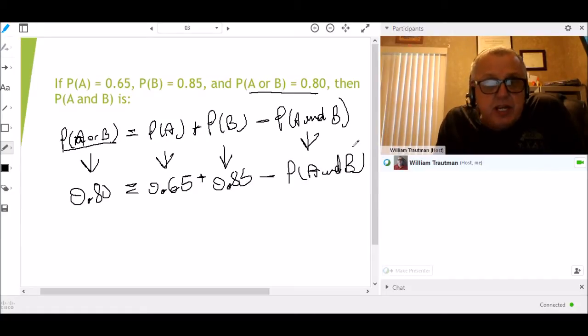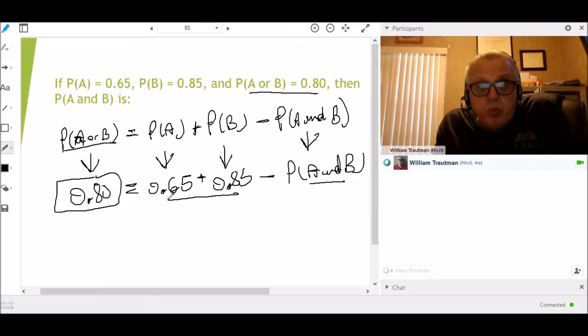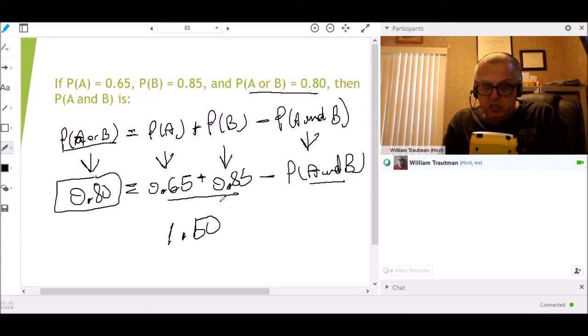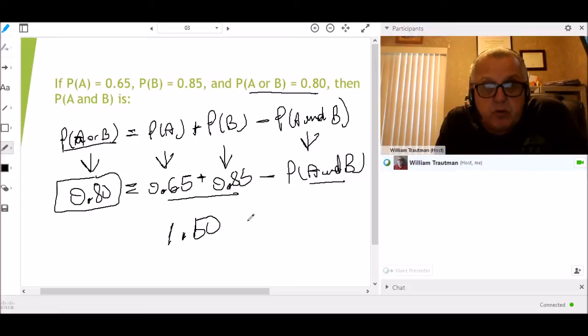So this is just a math problem. We have to find out these two added and then this one subtracted needs to equal 0.8. So 0.65 plus 0.85 equals 1.50. Try your calculator: 0.65 plus 0.85, and I get 1.50.